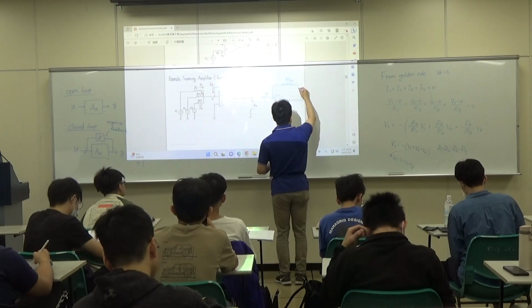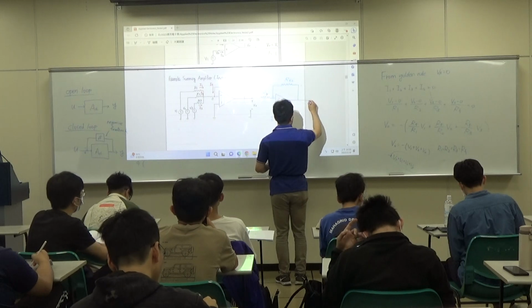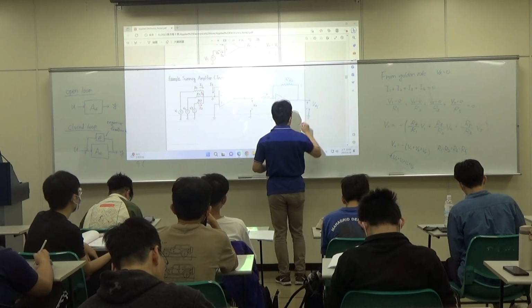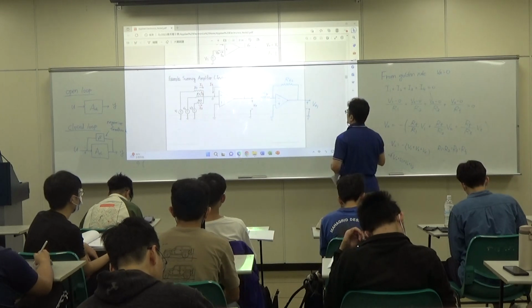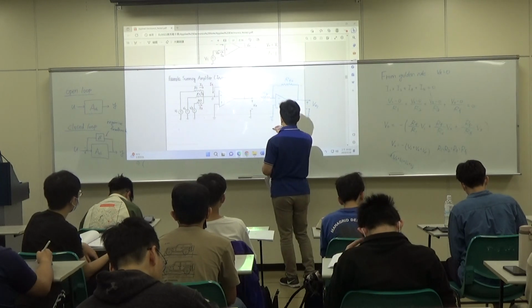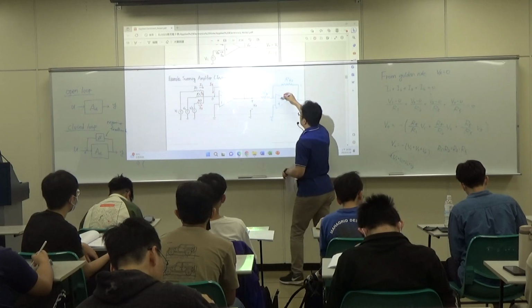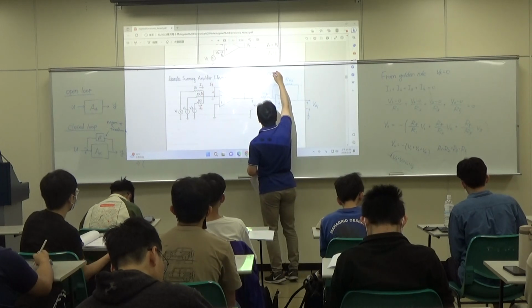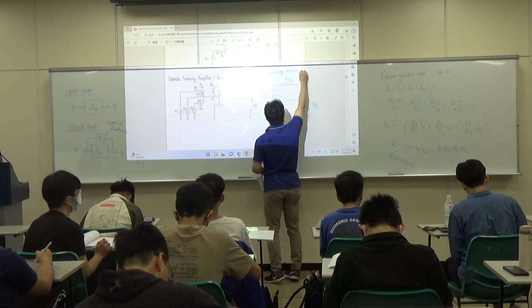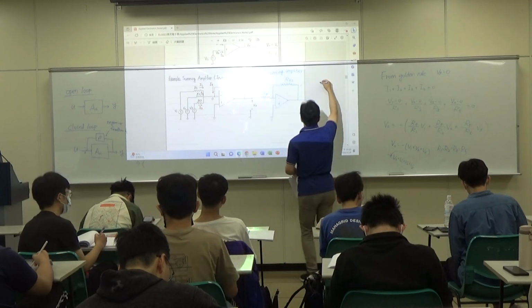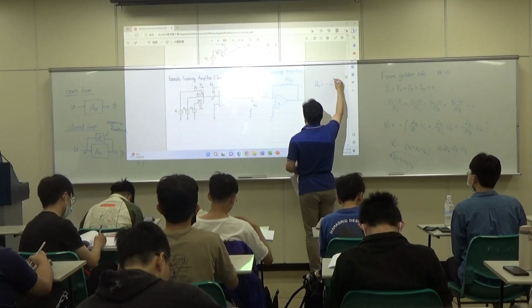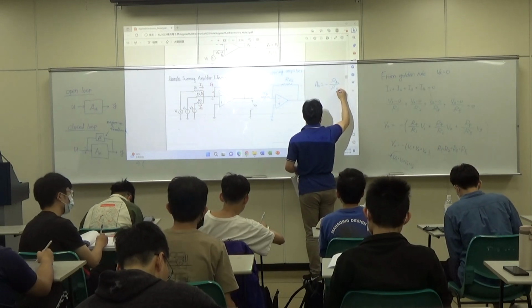Okay, and then this is VO1. So this is an inverting amplifier. The inverting amplifier gain is AV equals minus RF2 divided by R4.